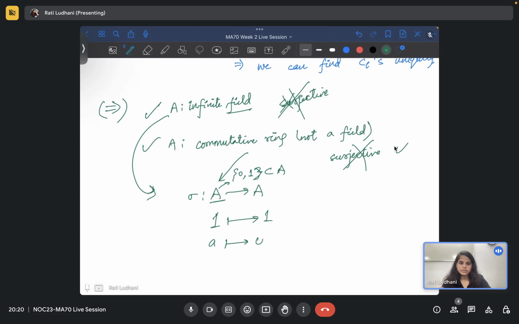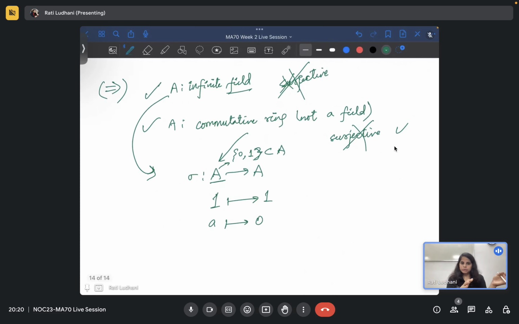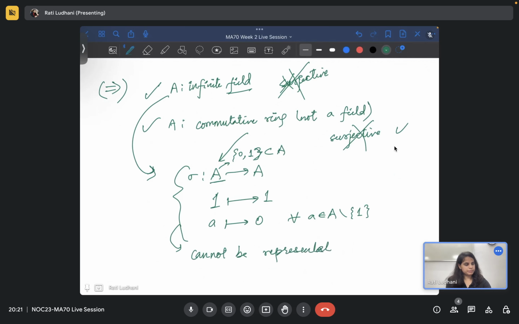Let's say you consider sigma to be this: 1 will map to 1 and all the other elements from A minus 1, like you just take the set A minus 1, all the other elements of A will map to 0. So basically this function cannot be represented as a polynomial function if A is an infinite field.